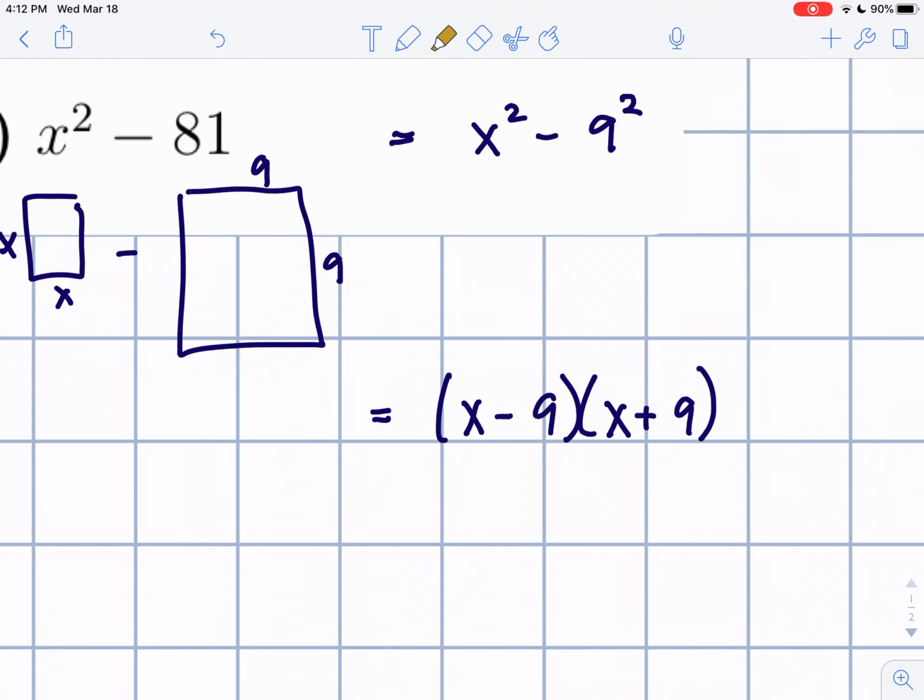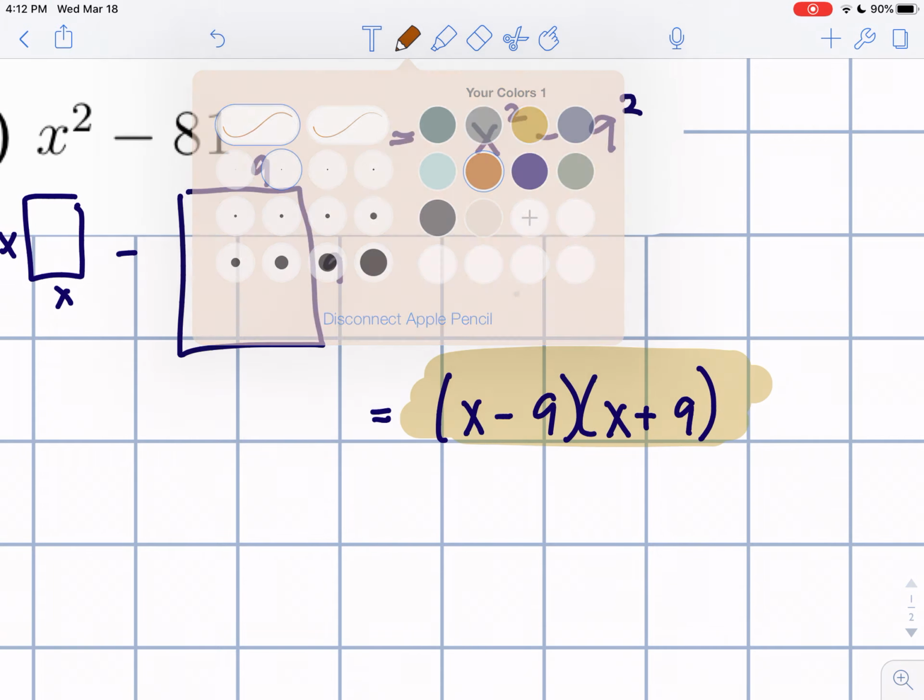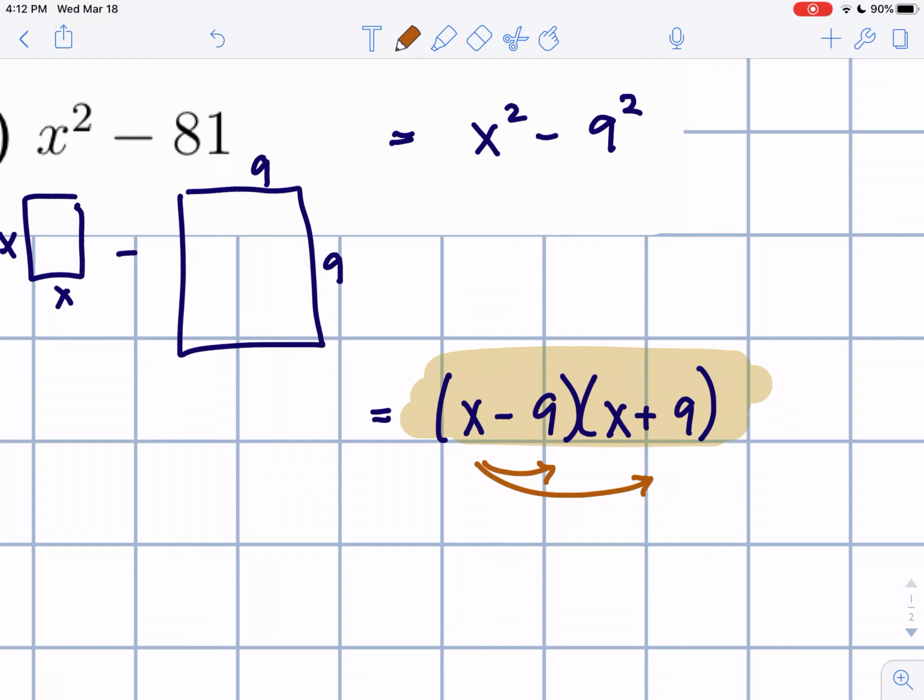And of course, you can check that out by multiplying it. If you distribute the x through, and then the negative 9 through, you'll get x squared minus 9x plus 9x minus 81. Okay.